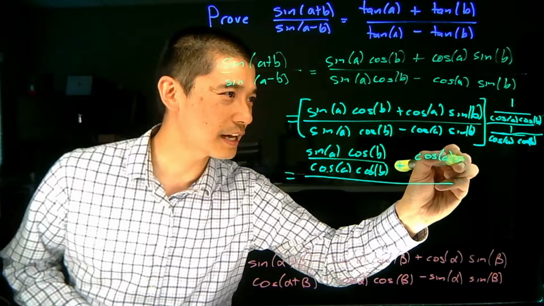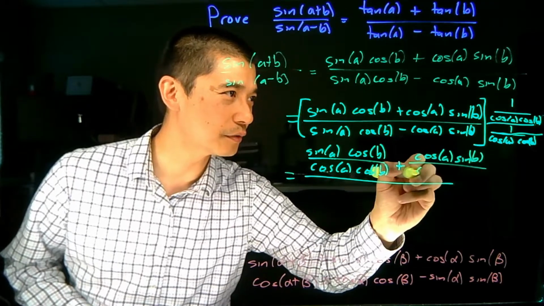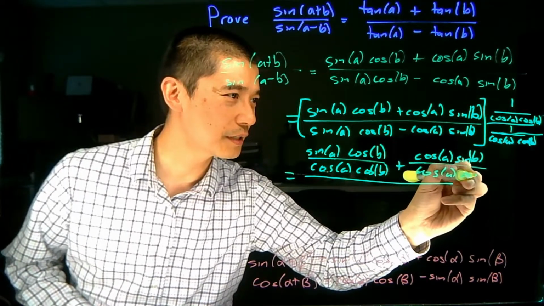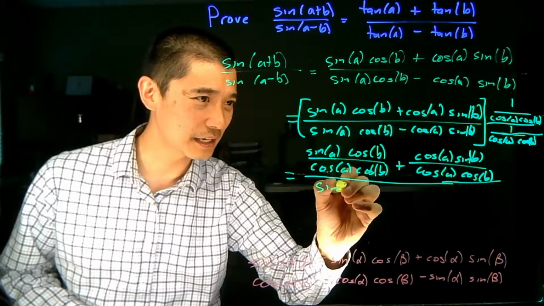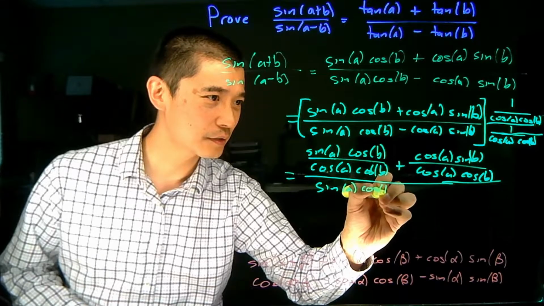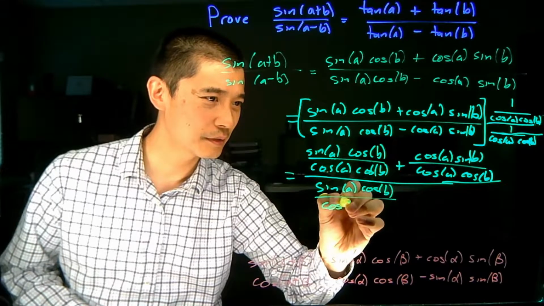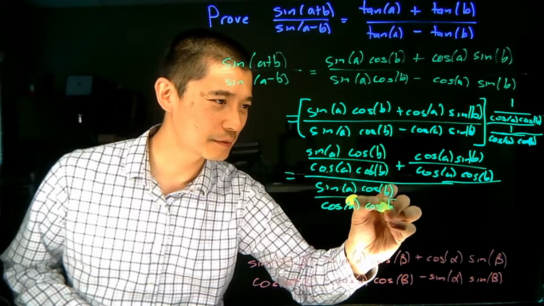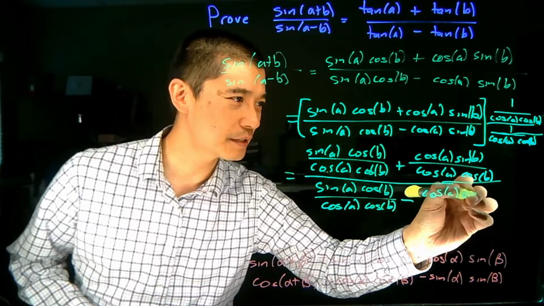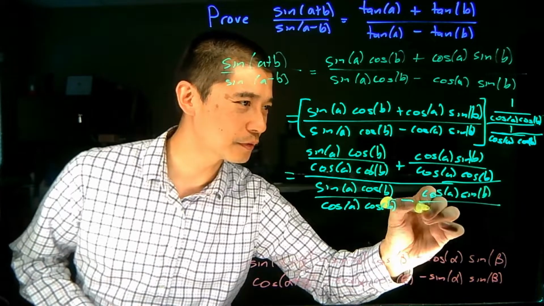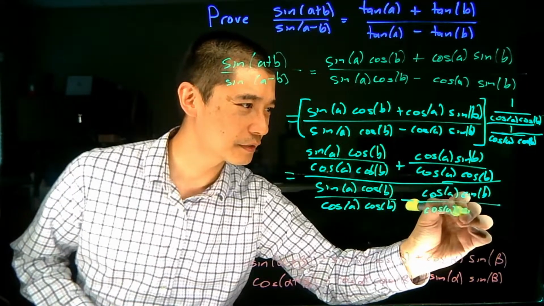Cos A sine B over cos A cos B. In the denominator, sine of A cosine of B over cosine A cosine B minus cosine A sine B over cosine A cosine B.